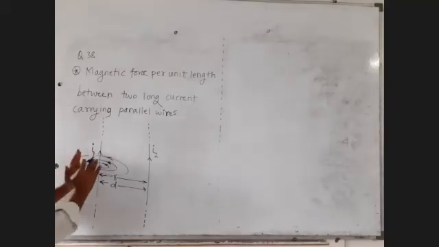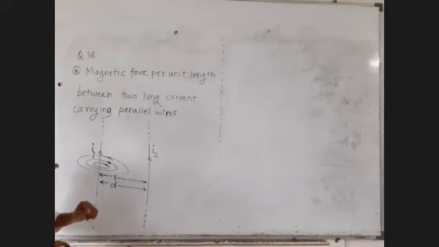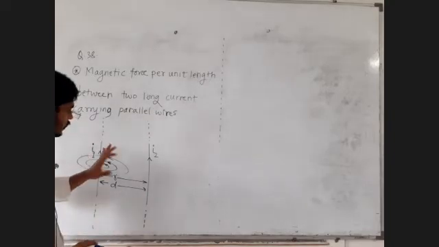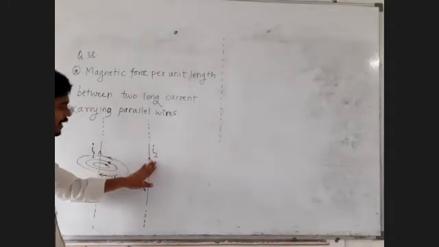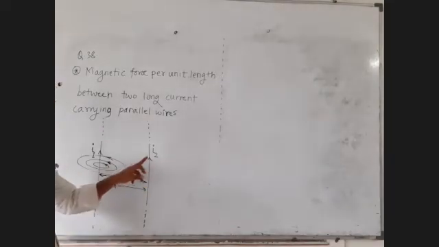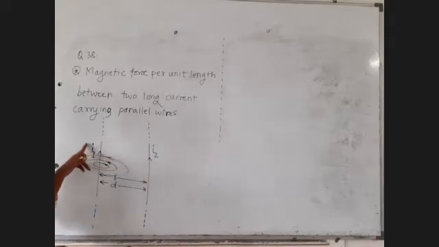The first wire will produce its magnetic field in this region, and in the magnetic field of the first wire you have the second current carrying wire. The second wire is a current carrying conductor placed in the magnetic field of the first wire.